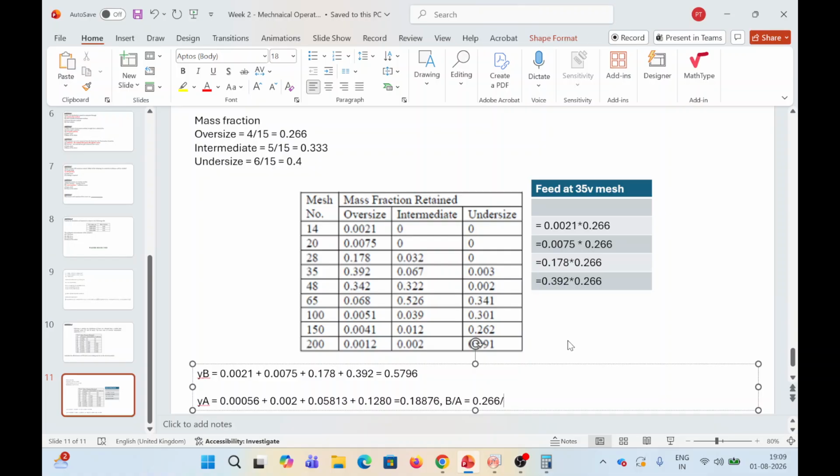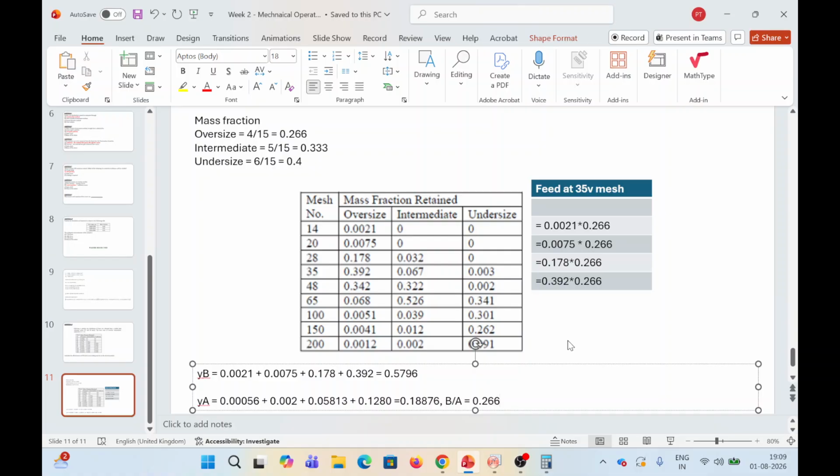Sorry, B by A is nothing but 0.266, that value is correct. So you know the B by A value, YB and YA, so you can easily calculate the effectiveness by plugging it into that equation.